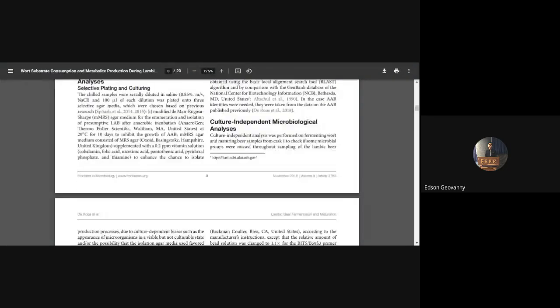The present study combined sequencing of microbial cultures and a metabolic analysis to identify the evolution and function of microorganisms, substrates, and metabolites during the fermentation process and maturation of 4 phases of lambic beer production.